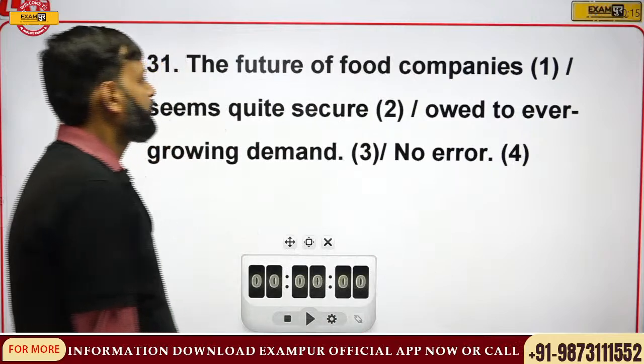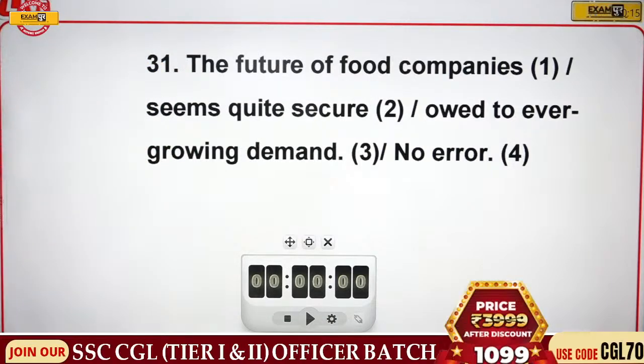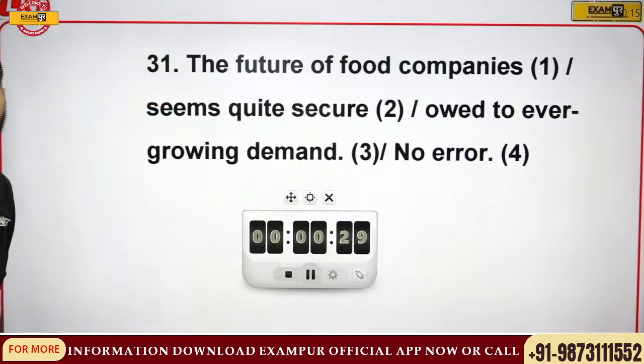The next question. The future of food companies seems quite secure owed to ever growing demand. Okay, what is the error in this sentence?